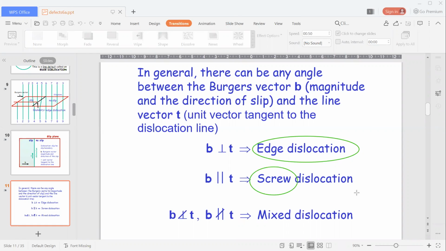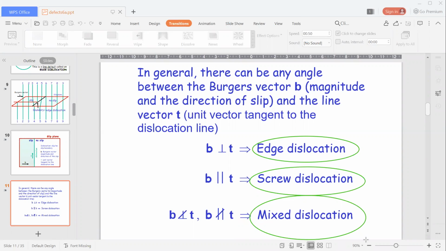Remember, both of them are one-dimensional defects. And if b is neither parallel nor perpendicular to t, then we will have a one-dimensional defect which is partially edge and partially screw, which is referred to as the mixed dislocation.